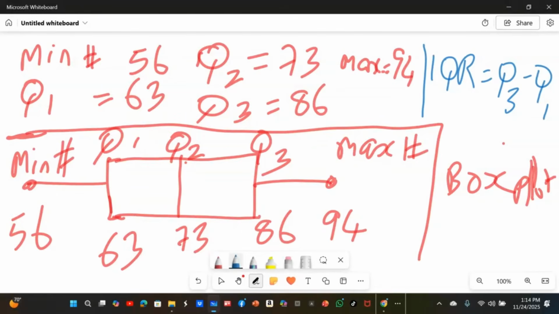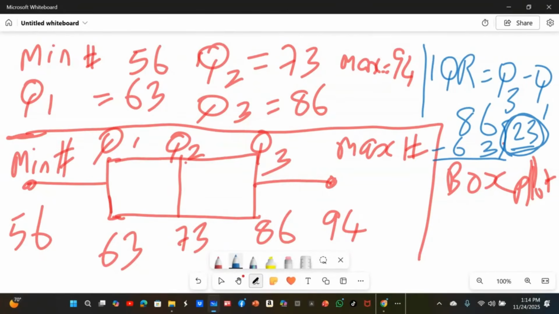So Q3 minus Q1, that's 86 minus 63. So the interquartile range is 23.